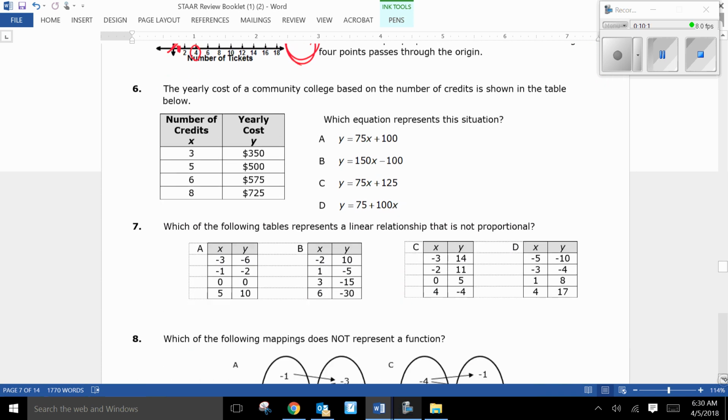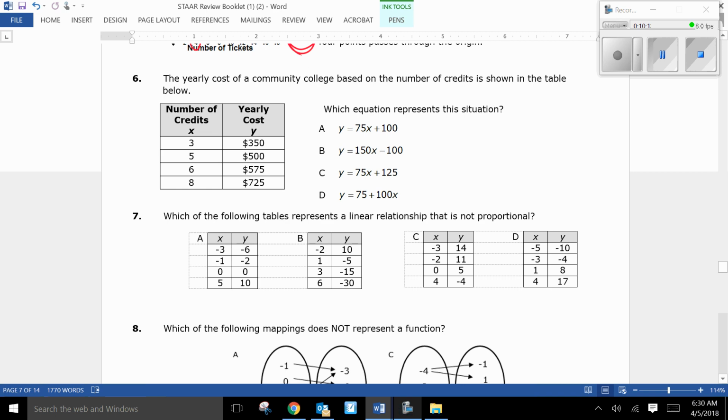Number 6, the yearly cost of a community college based on the number of credits is shown in the table below. Which equation represents this situation? Okay, so if I'm looking for my equation, I want my slope and my y-intercept. What am I multiplying x by and adding to x?